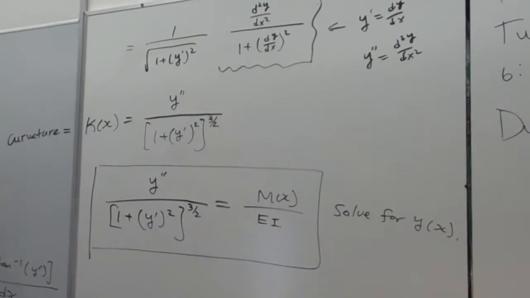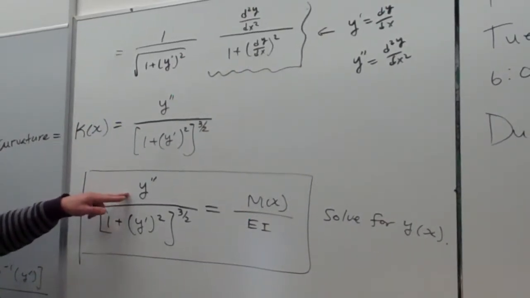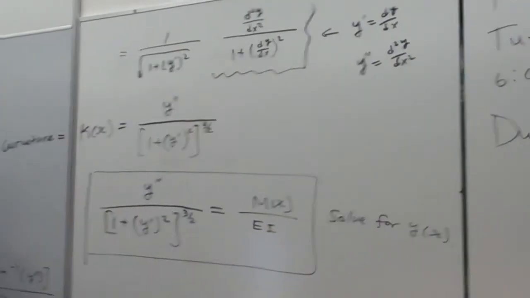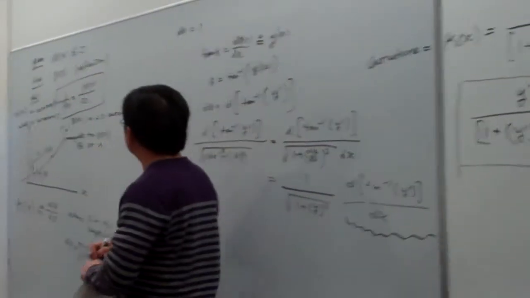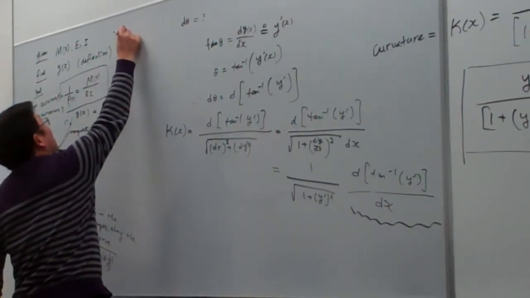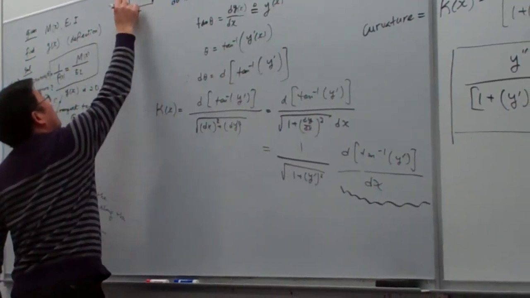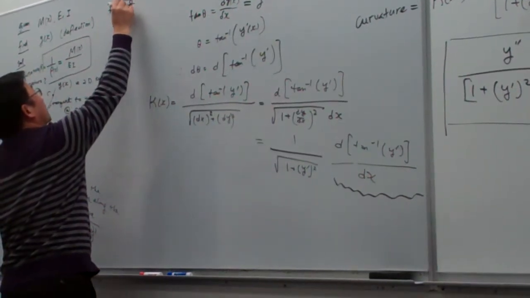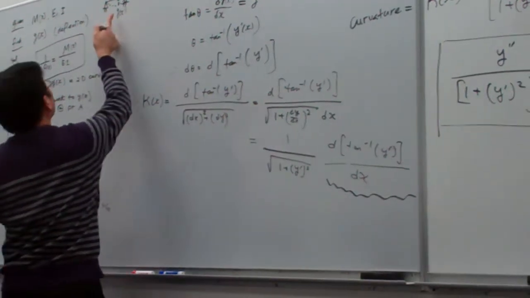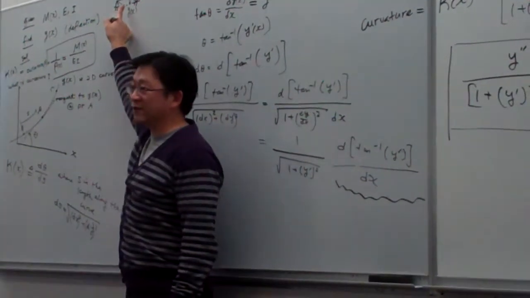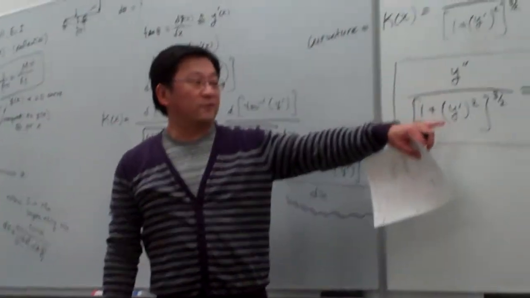Look at this equation carefully. This is the second derivative of the y function. And what is y? Y represents the deflection of the beam. This is the second derivative, and this is the first derivative.